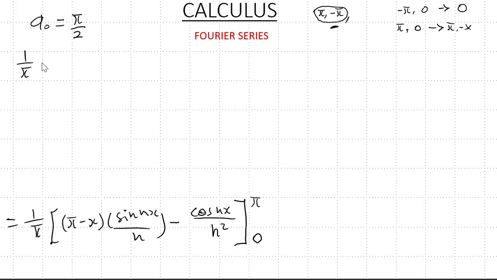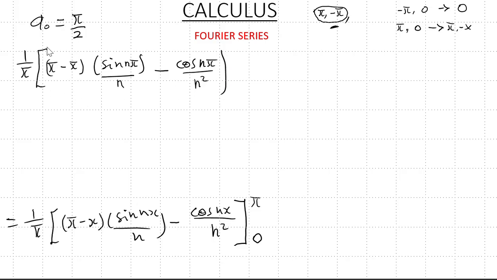So 1 over pi, bracket open, pi. So it means that wherever we see x, we are going to put pi there. So here it becomes pi, bracket, then sine n pi, all divided by n, then minus cos n pi, all divided by n squared.